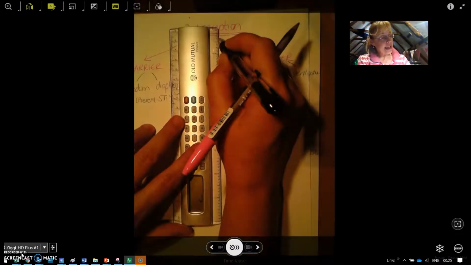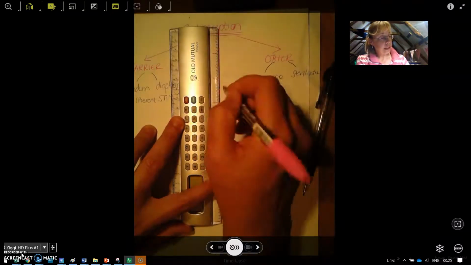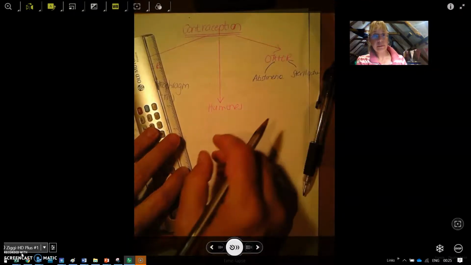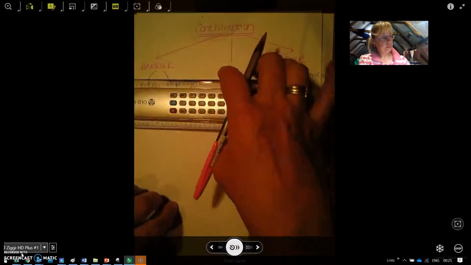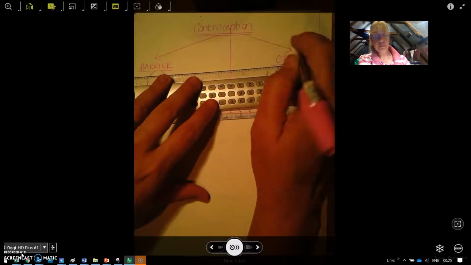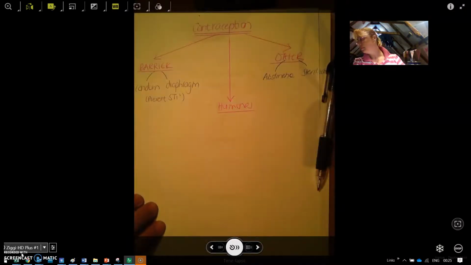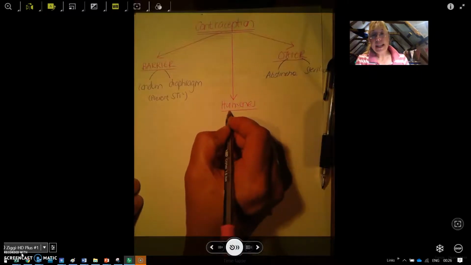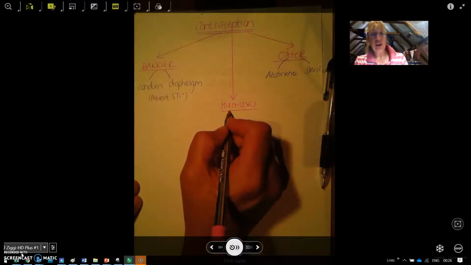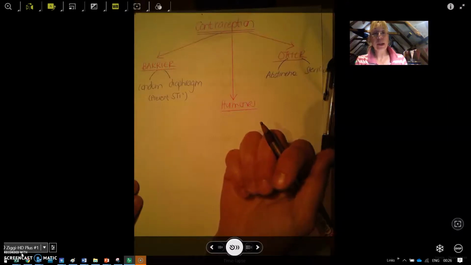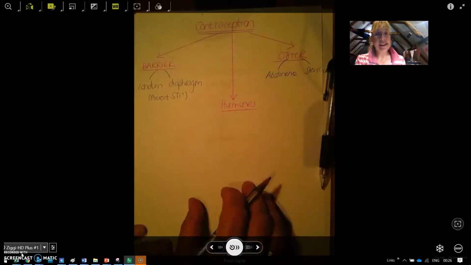And then the next method is using hormones. Now there's different combinations that you can get, all based on hormones, and they're found in tablets known as contraceptive pills and often referred to as the pill.